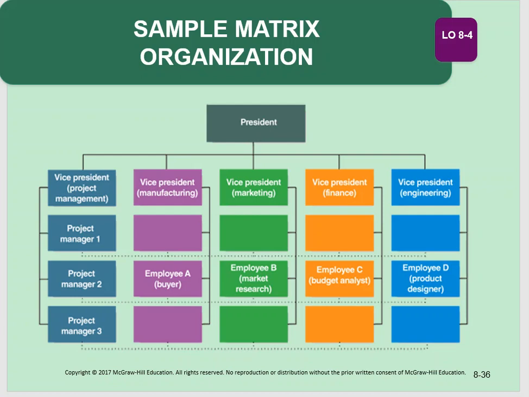In addition here, employee A also has a one-off second boss with project manager 2 in light blue. In essence, employee A works for the vice president of manufacturing on a full-time basis, reports to that person, but for a special one-off project also reports to a second boss denoted by project manager 2.